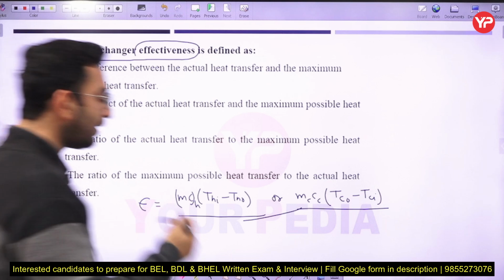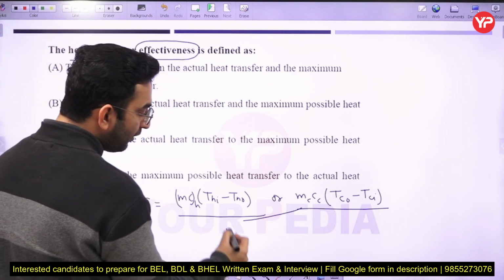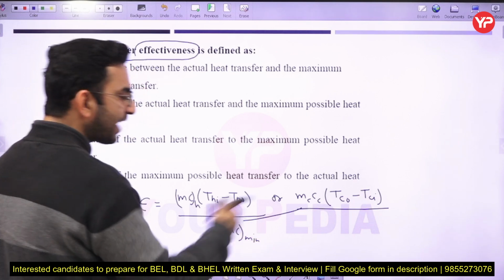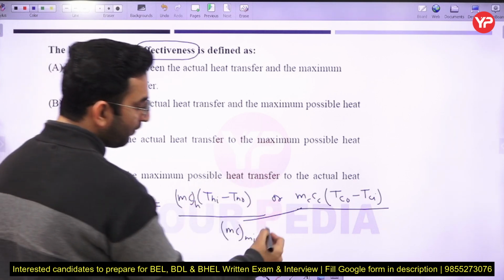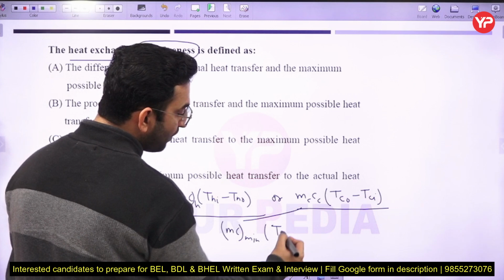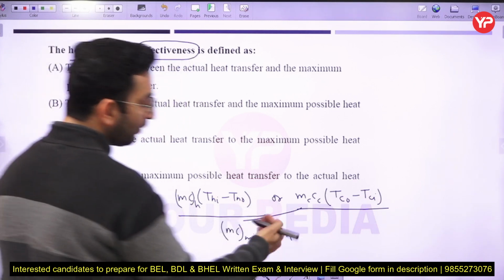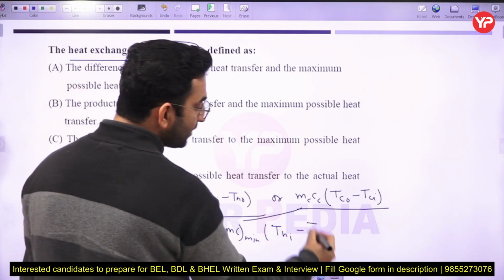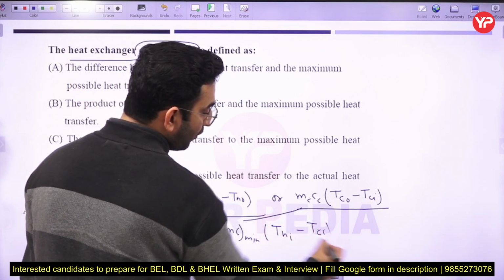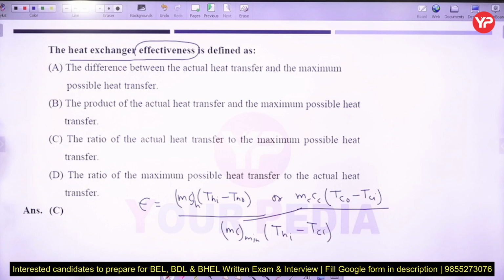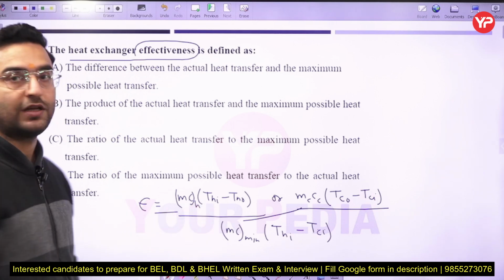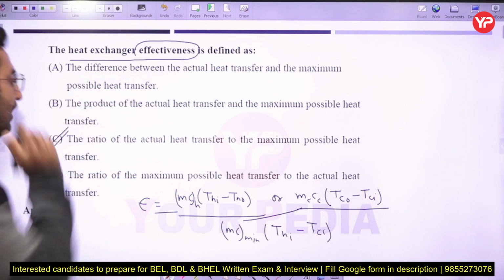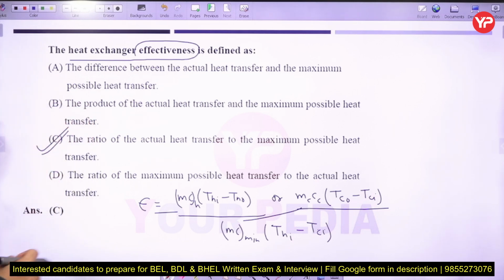The maximum possible heat transfer is always calculated by multiplying the minimum heat capacity, which can be either of these two fluids, by the maximum temperature difference. Maximum temperature difference is the highest temperature minus the lowest temperature, Thi minus Tci. So that is the basic formula of the effectiveness of the heat exchanger. In this case, option number C is the correct answer, the ratio of the actual heat transfer to the maximum possible heat transfer.